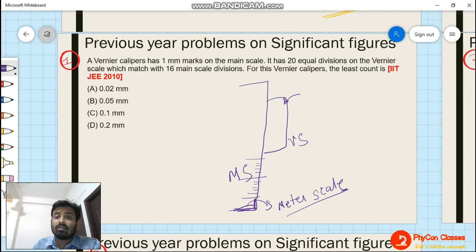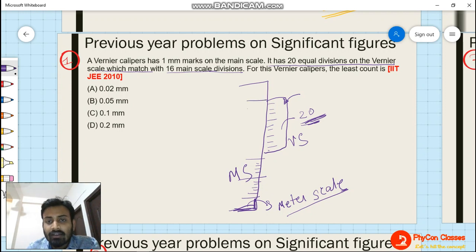To find the least count of a vernier caliper, we need to know the main scale division and the vernier scale number. It has 20 equal divisions on the vernier scale, so the number of divisions on the vernier scale is 20, and these 20 vernier scale divisions coincide with 16 main scale divisions.